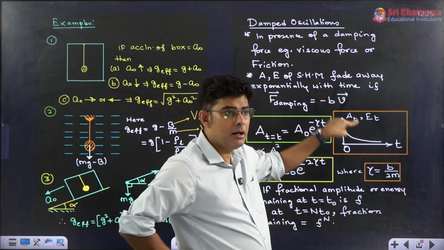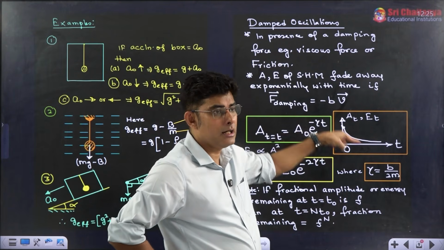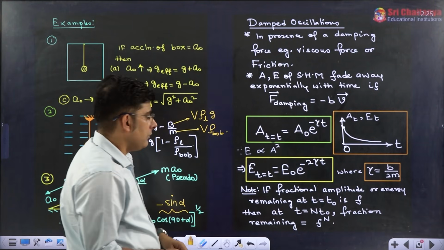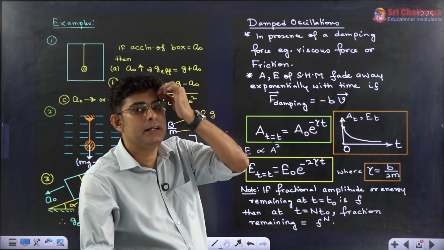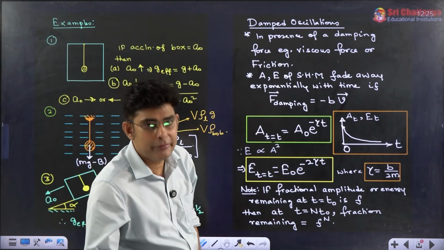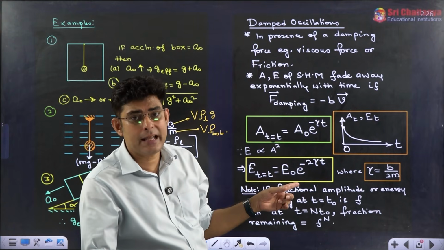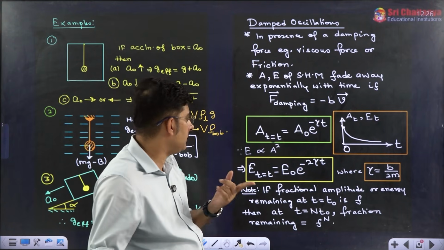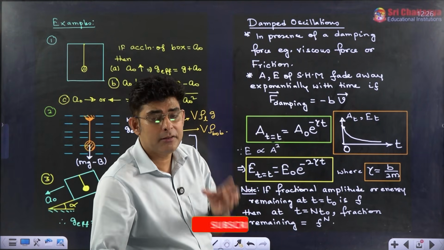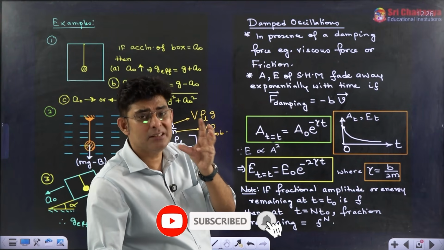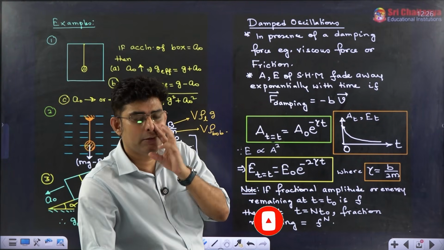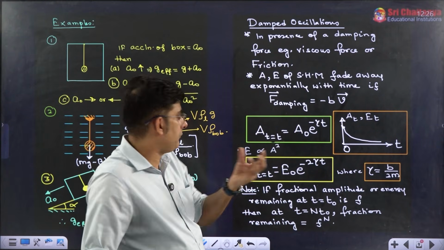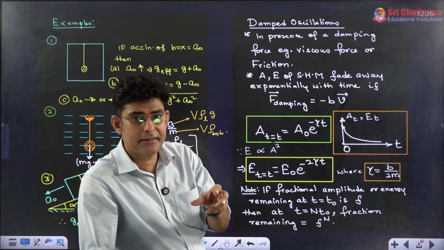You can see an exponential curve. Now there is a simple concept here: this is just like radioactive decay, which is a first order reaction. In a first order reaction, the very important point is that in equal time intervals, the fraction remaining is always equal.